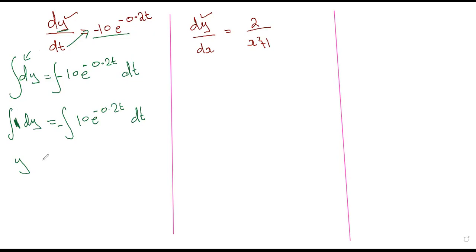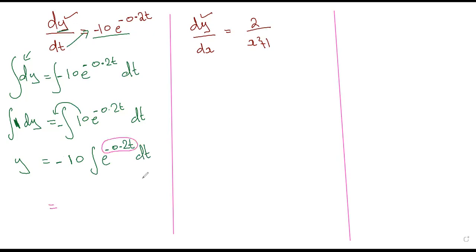Let's talk about the right hand side. We have been integrating exponential functions so many times, so this would be a good recap. We can take 10 out because it is a constant term. So minus 10 can be taken out and we have to integrate e to the minus 0.2t dt. Now what is the derivative of this power?